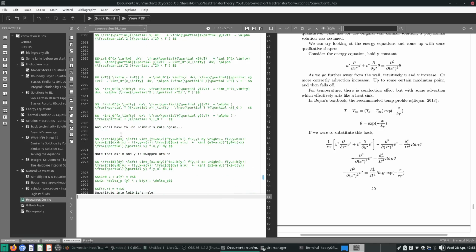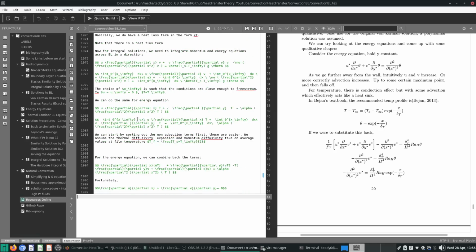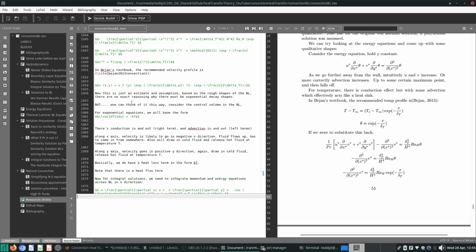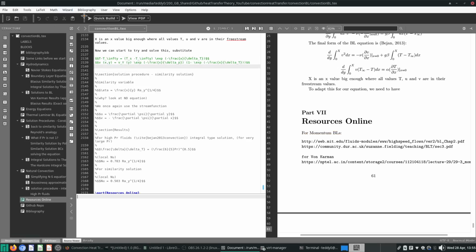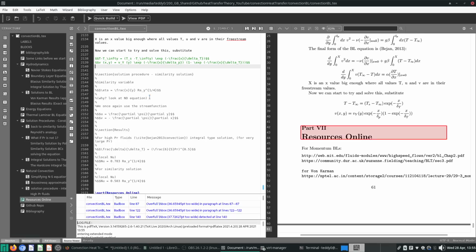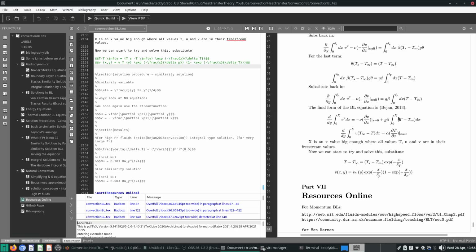I didn't do it rigorously, it's just an assumed velocity profile, and this will help us get a rough idea of what our equations look like. The reason we like to swap to T minus T infinity is because this is the way we define our temperature profile, based on the dimensionless temperature, because if you bring this to the other side, it is a dimensionless temperature.